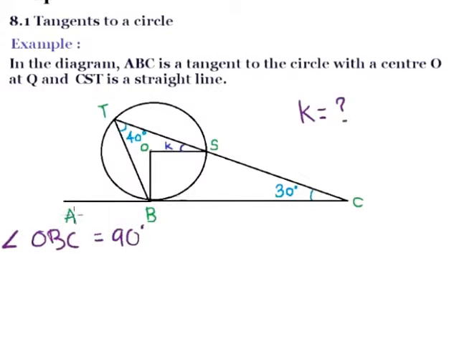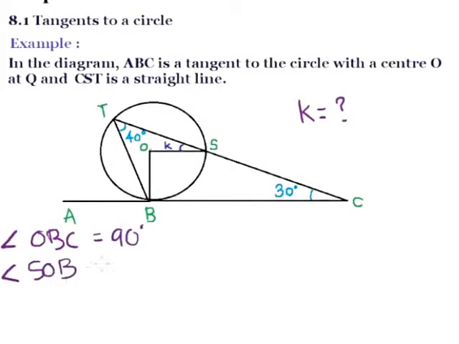The reason behind it is because the line AB and the line OB are perpendicular to each other. And moving on, we'll look at the angle SOB, which is equal to 2 times 40 degrees equals 80 degrees.